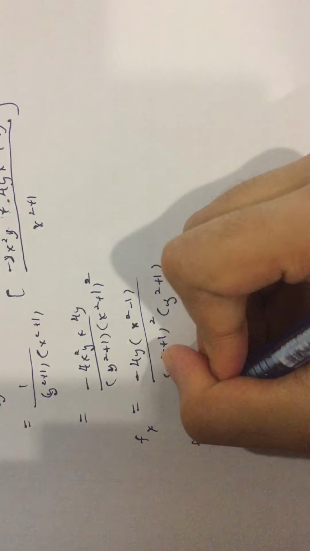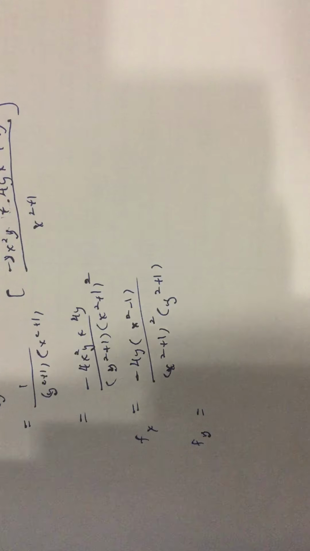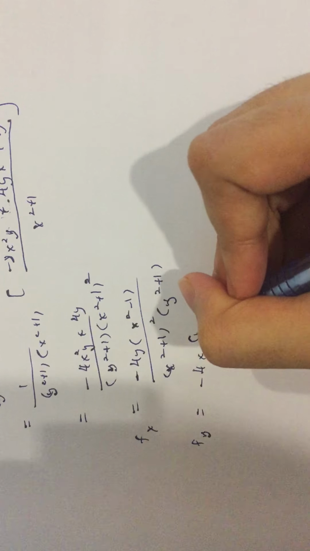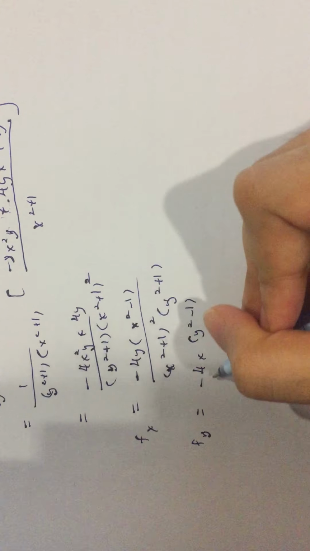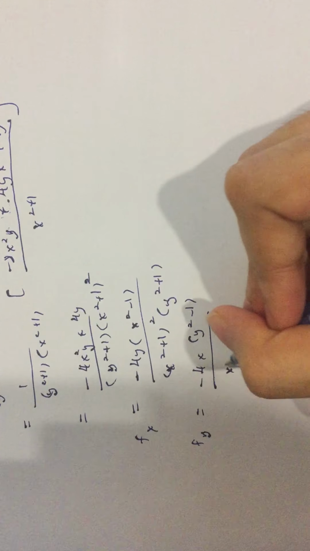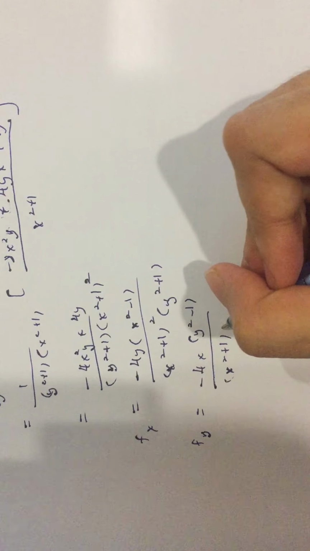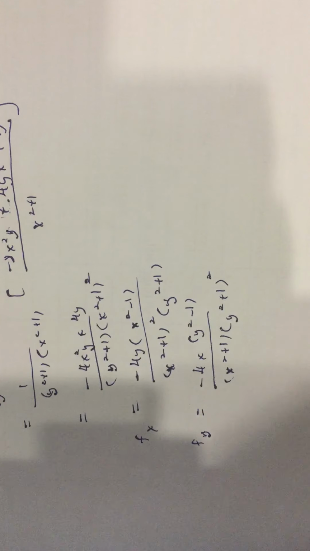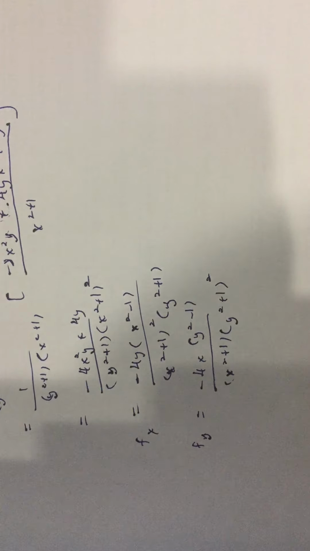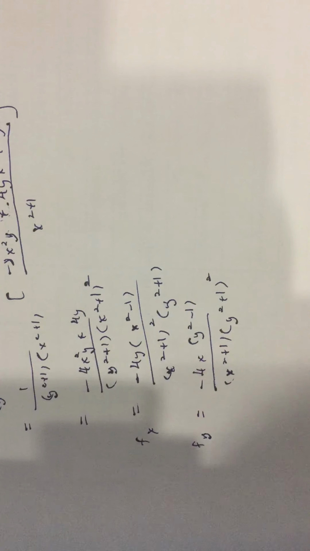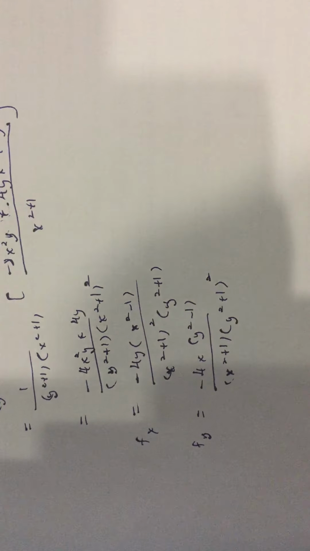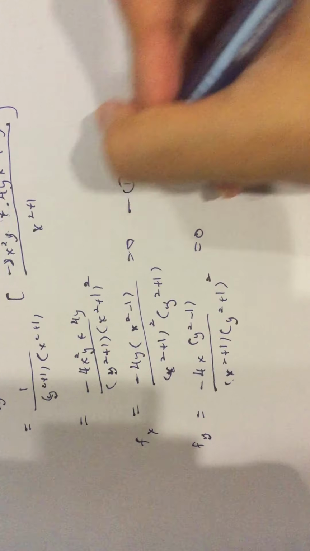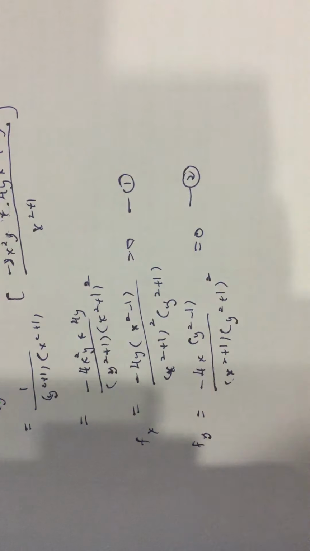So fy is equal to, I'll just give the final answer, minus 4x times y squared minus 1 divided by x squared plus 1 times y squared plus 1 squared. So to find the maximum and minimum relative, we set fx and fy equal to 0, and then we find the x and y values. So this one equals 0, and then this one equals 0. This one gives the first equation, this one gives the second equation.